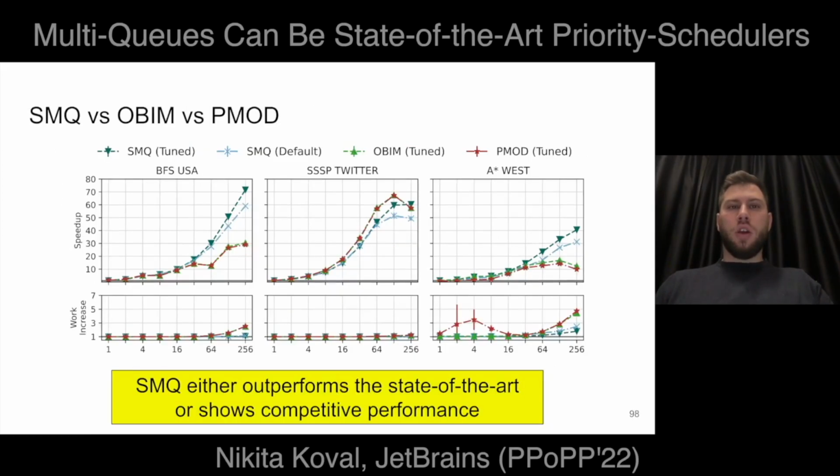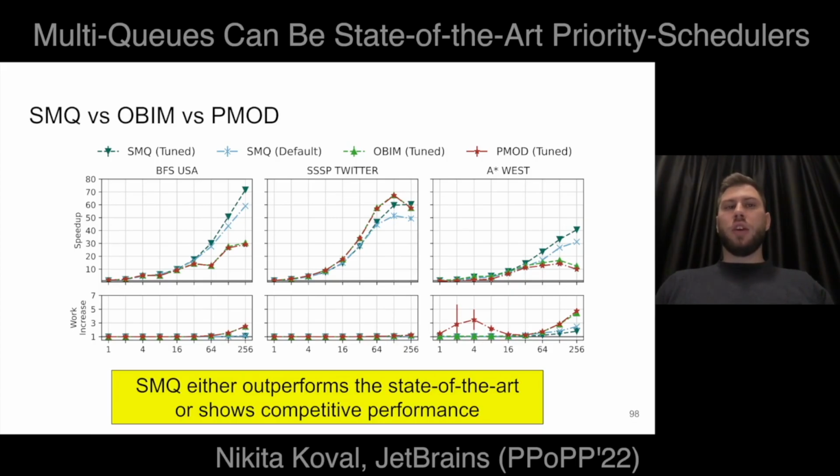Okay, let's compare the SMQ algorithm versus the ABIM and PMOD schedulers. And here we see that it's much faster on the graphs on the left and on the right, and shows competitive performance on the Twitter graph on the SSSP problem. We also added a special SMQ default option, so it's not a tuned option.